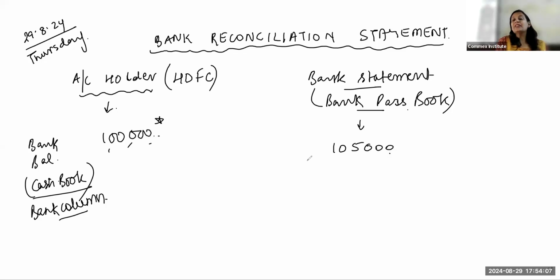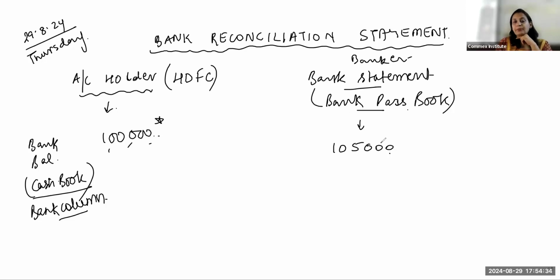Now, why is this difference of 5,000 there? This difference of 5,000 may be due to a number of reasons. And that is what we are trying to identify over here, that why is this difference of 5,000 appearing in the two balances, one balance as per my cash book bank column and one balance as per my banker.